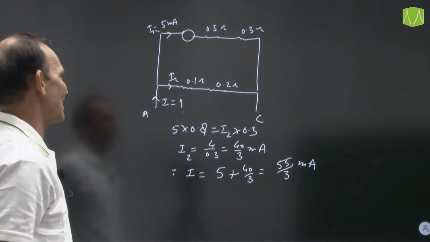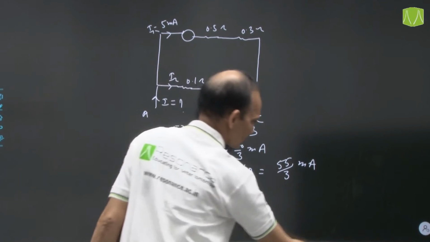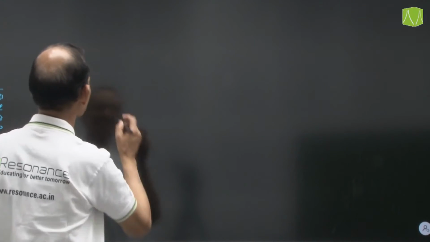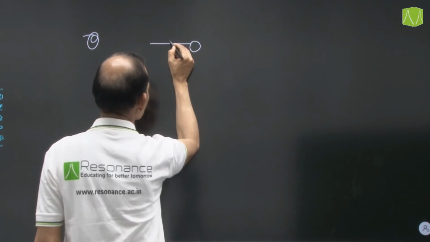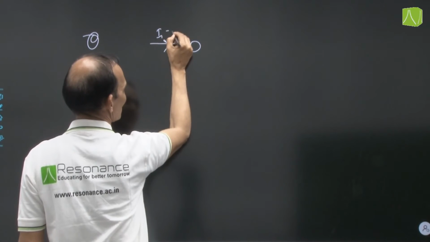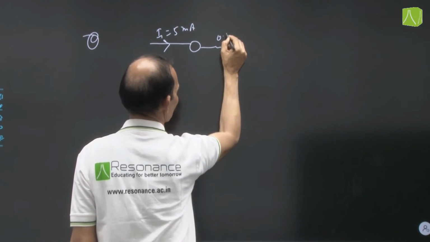Now the third part, the D part. This is the ammeter. Here current I1 is equal to 5 milliampere and its resistance is 0.5 ohm.